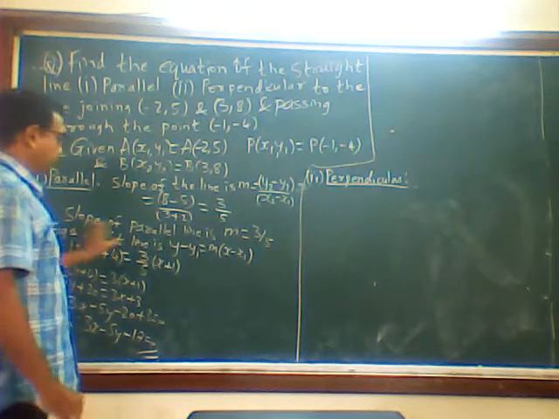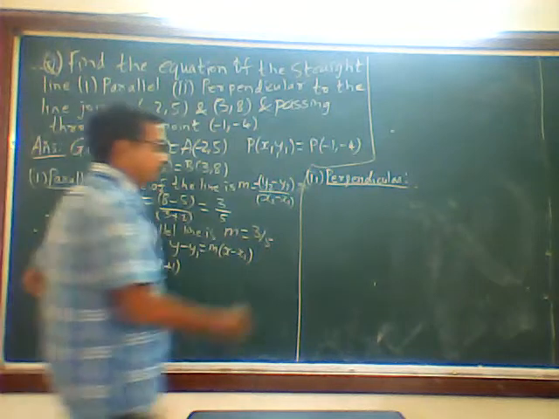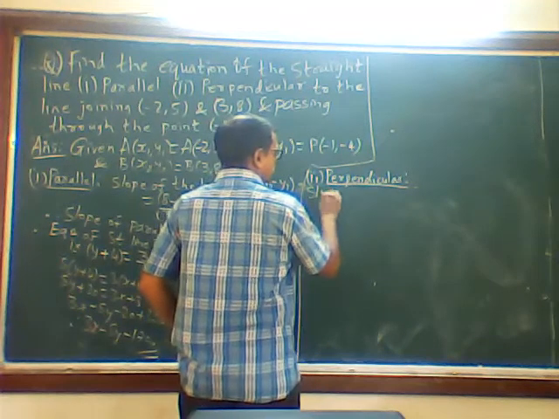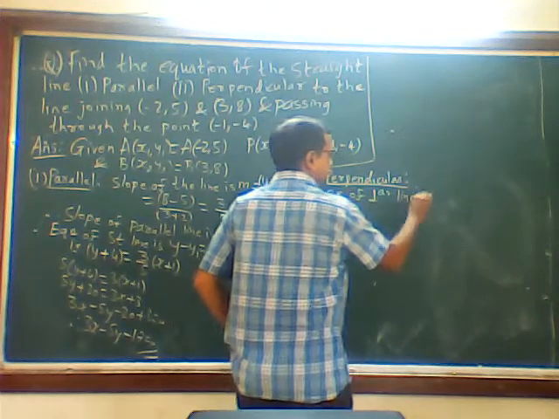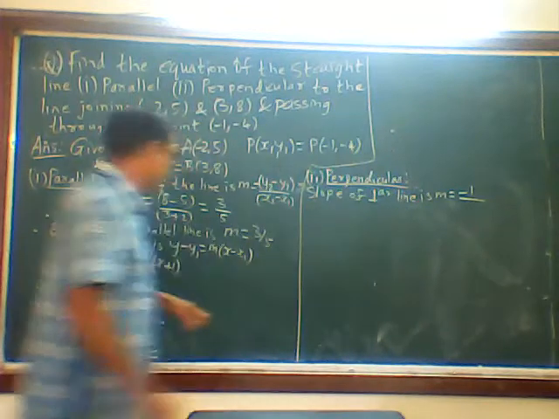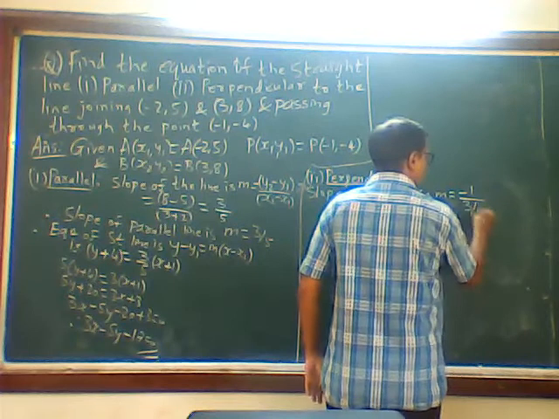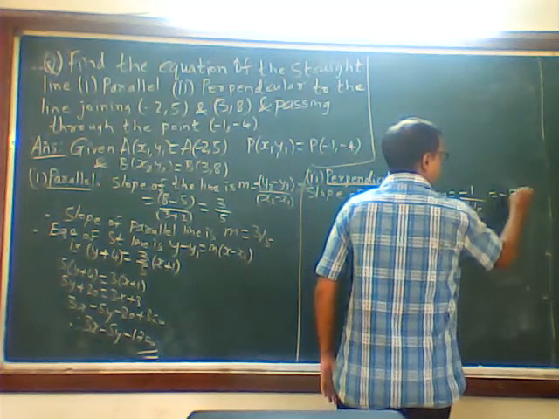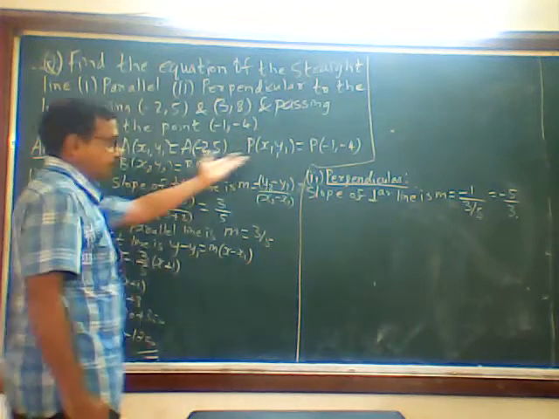Therefore the slope of the perpendicular is minus 5 upon 3: the 5 goes up and it becomes minus 5 by 3. Again the point is the same, x1, y1, this one.